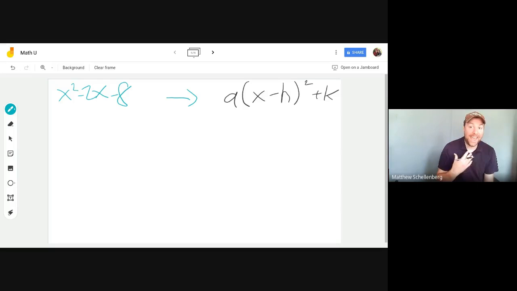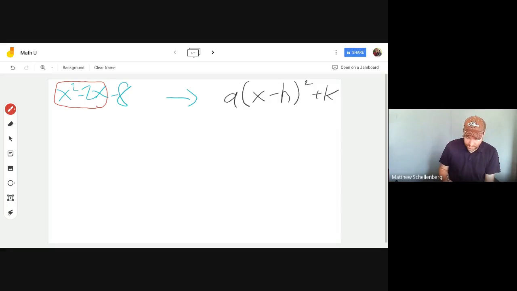Well, when the a is 1, when there's no coefficient on the x squared, it's easier than if there were a coefficient. So let me just do this example without the coefficient. So I would always look at the first two terms that have the x, and I would basically complete the square based on those two terms.